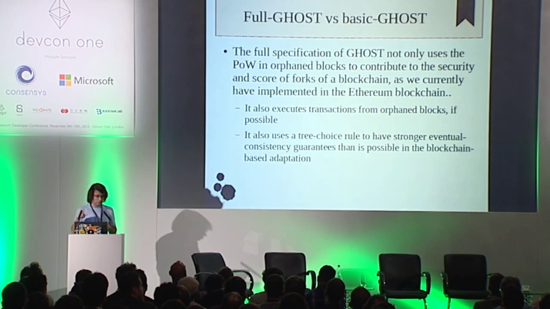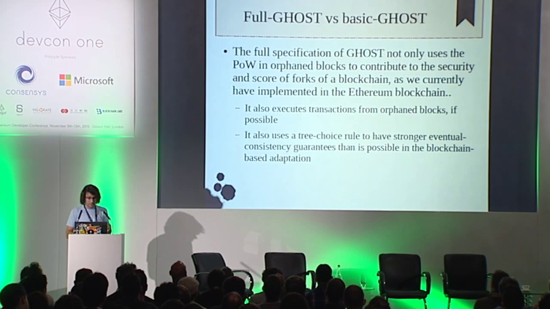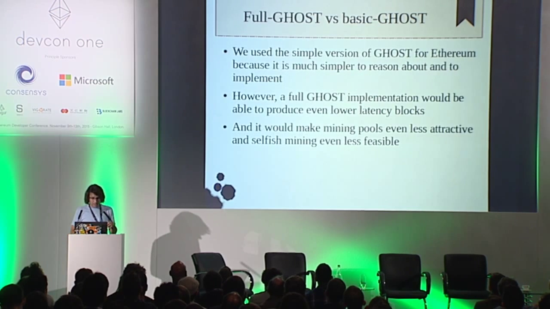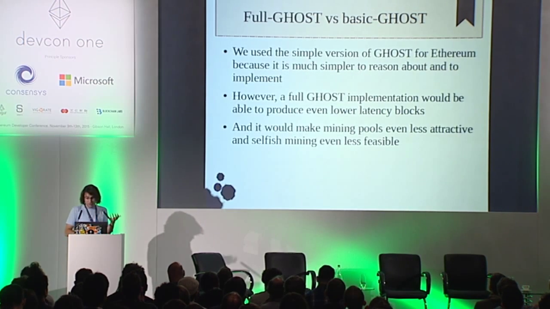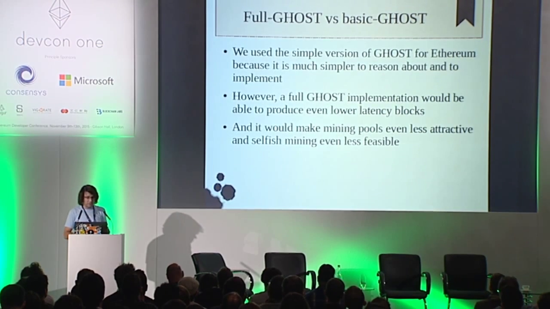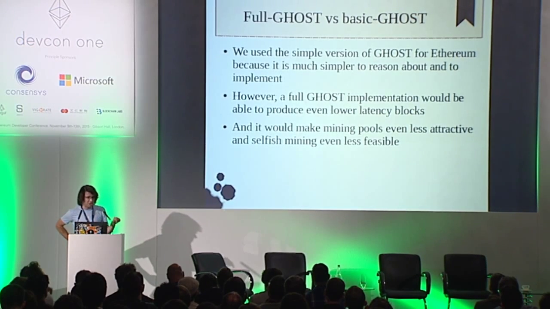But what we don't do is actually have a block tree-based rule. The reason we do this is because it's simpler and we get most of the benefits. But if we did have the full implementation, we could have even lower latency blocks. We'd be able to execute transactions from orphan blocks, and selfish mining and mining pools would be even less attractive.